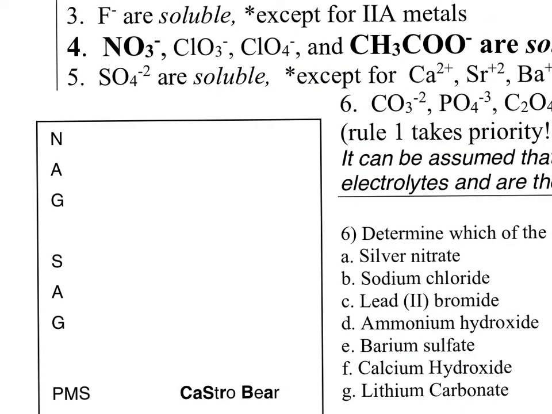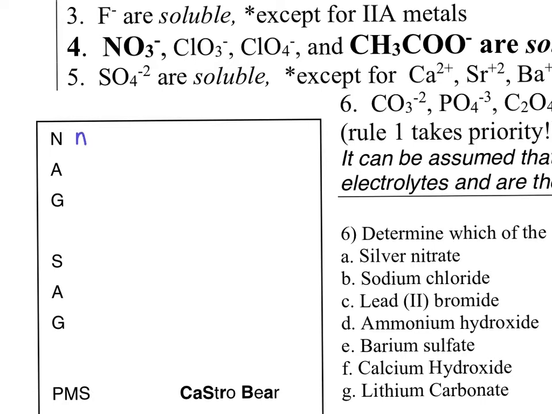Don't sit there and think you have to memorize all of them, because on the AP exam they use the most obvious rules. If you want to be awesome in chemistry, you should have them memorized, but they stick to the main ones, especially from NAGSAG, with hydroxides and carbonates. That's what this will help you with.